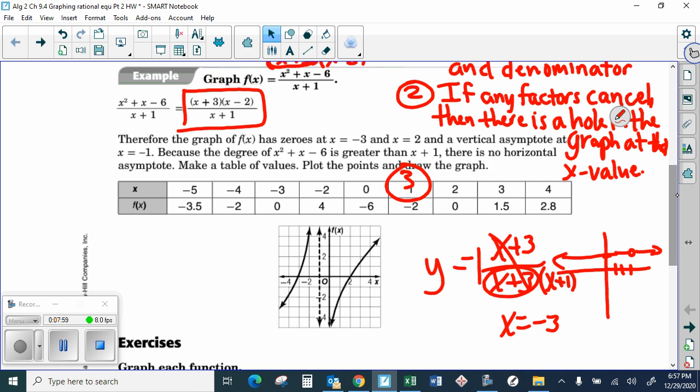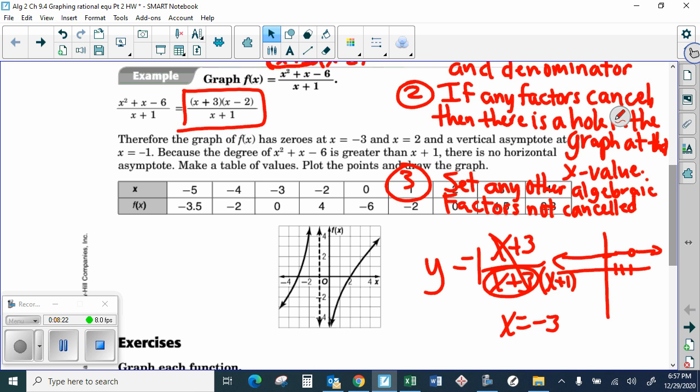Okay, step 3: set any other algebraic factors not canceled out equal to 0, and solve.